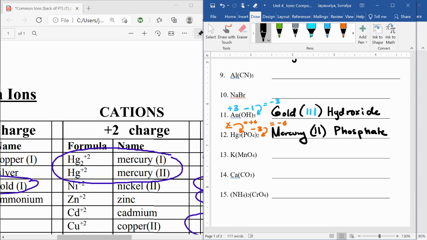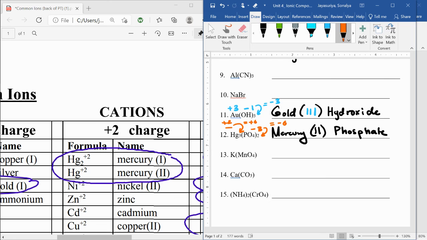There are two atoms of mercury per each mercury 1, so it can't be that. It has to be 3 individual atoms of mercury 2. So mercury 2 has a plus 2 charge. So this X has to be plus 2. Plus 2 times the 3 gives you a plus 6. So it's mercury 2.